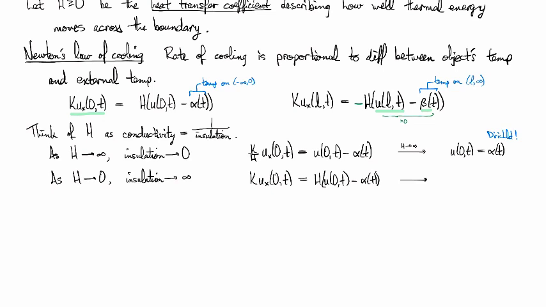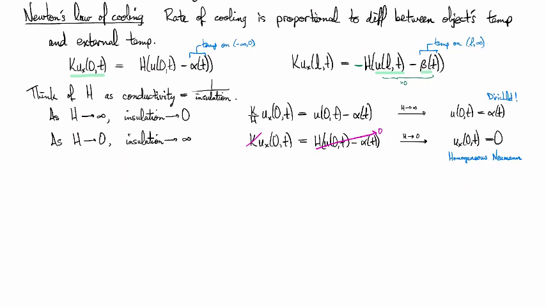Then again, as we take the limit in h, this time h tending to 0, what happens is this entire side will go to 0, and once that goes to 0, then we can divide the K off the other side, and we end up with homogeneous Neumann conditions. The homogeneous part just means equal to 0, and the Neumann part means that we're talking about the x derivative of u.